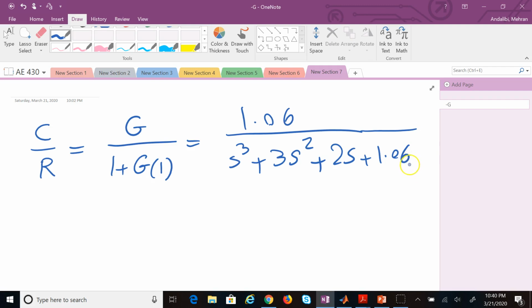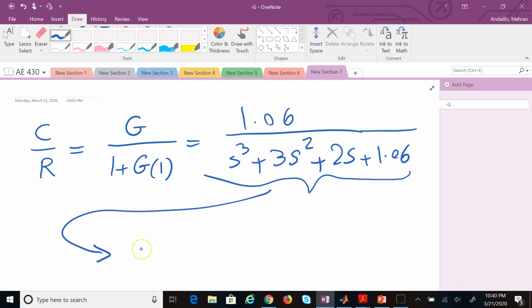Now, if you look at the characteristic polynomial, and we find the roots to this, so let's do that.